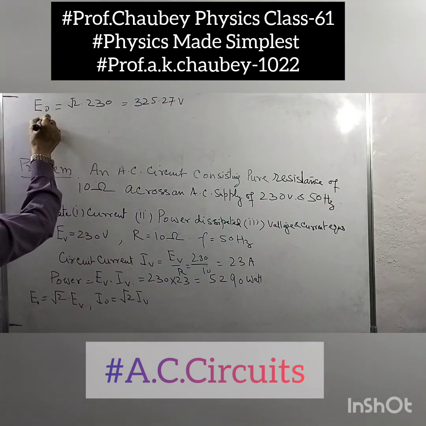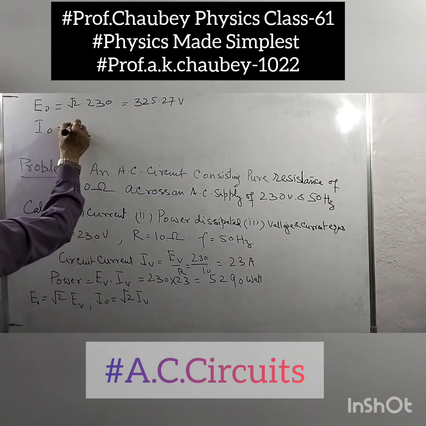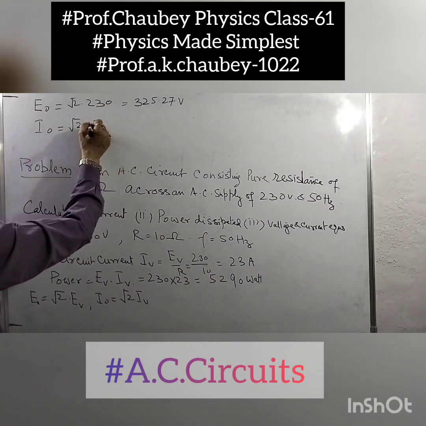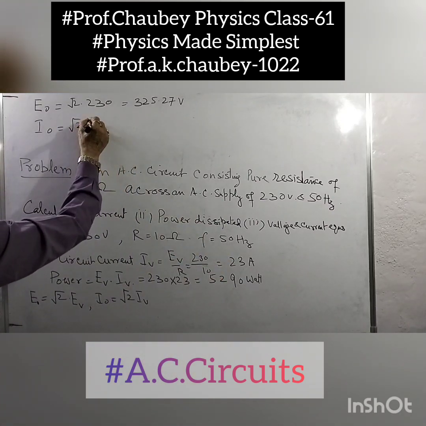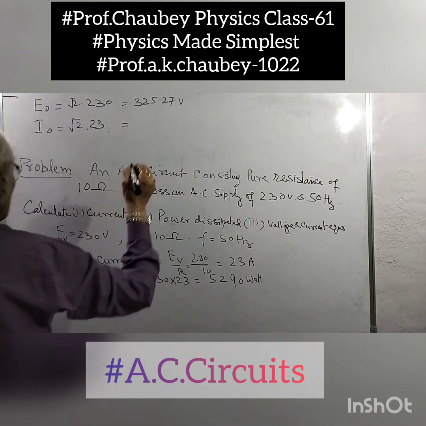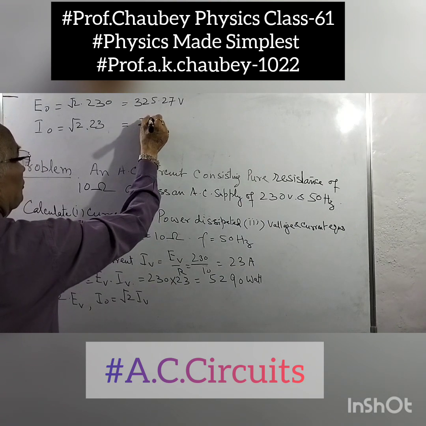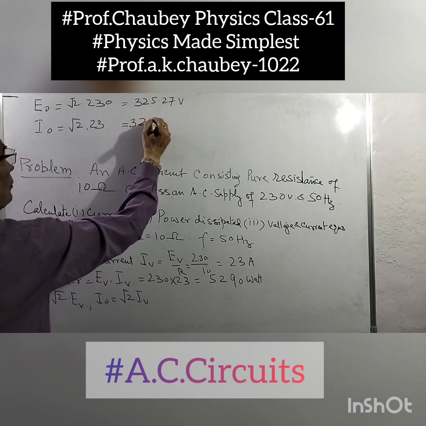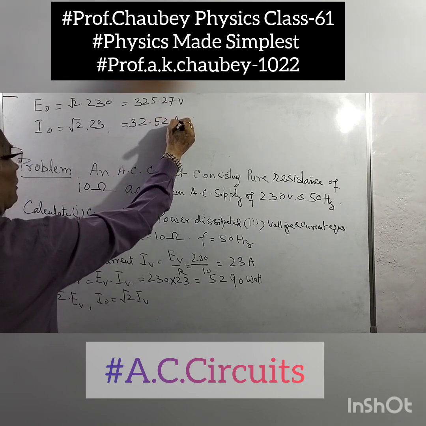And I naught is equal to root 2 into I, 23. So this multiplied is 32.52 ampere.